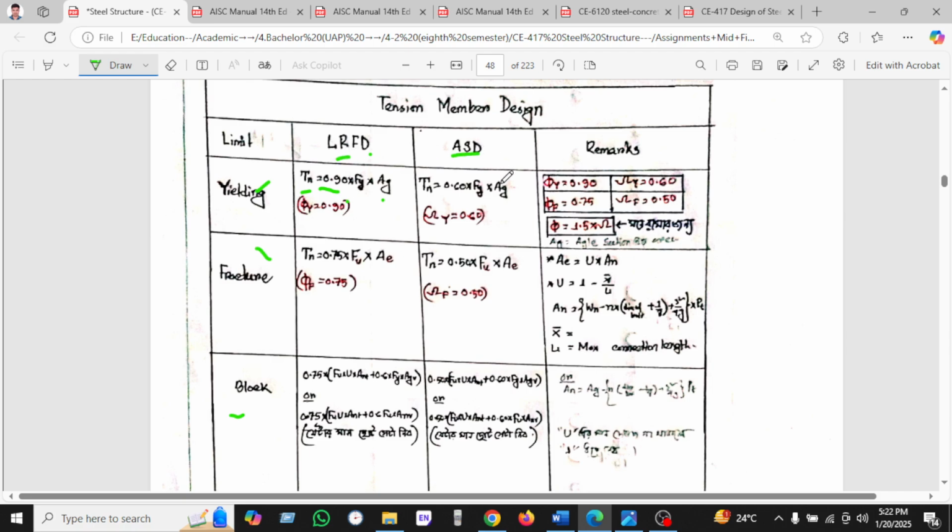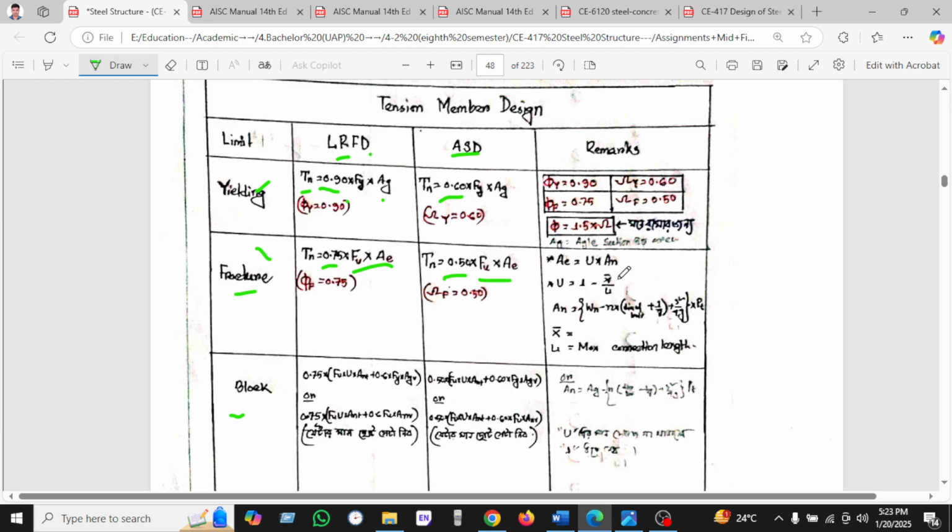In the same way, for ASD it will be 0.60, and we have taken some remarks. For fracture, we have stress into Ae and multiply by 0.70. On the other hand, you can see the ASD method, stress into Ae, but the multiplication factor is 0.50.